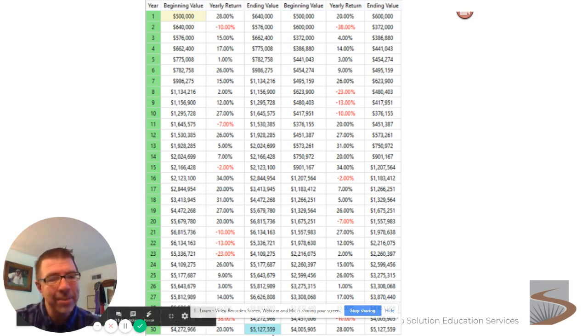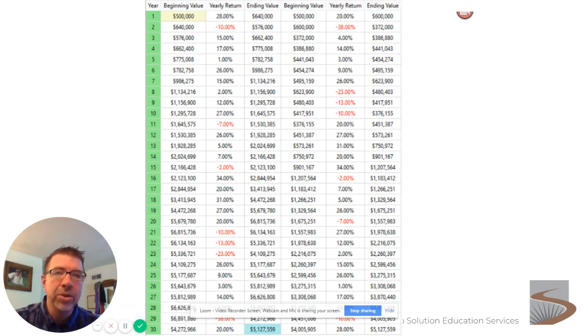Let's look at the ending balance on each side. $5,127,559. What is it on the right-hand side? $5,127,559. It's identical. Even though the order of the returns was the inverse on one side versus the other, ultimately the ending balance was the same. It didn't matter the sequence of the returns that you ended up getting.